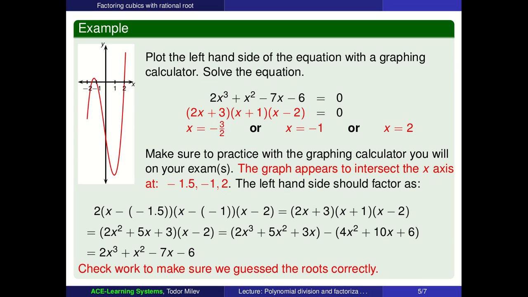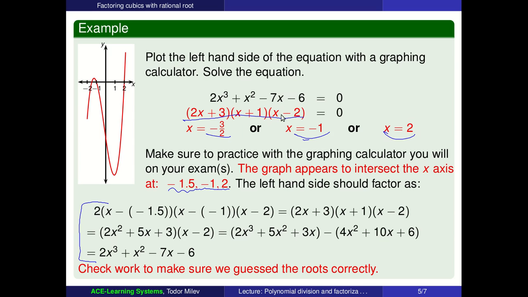By the way, notice that the bulk of the work in this problem consisted in verifying that the original solutions that we eyeballed were correct. So if I were to blindly trust my graphing device, I could have immediately told you that the cubic factors like this, and that these are the 3 roots.